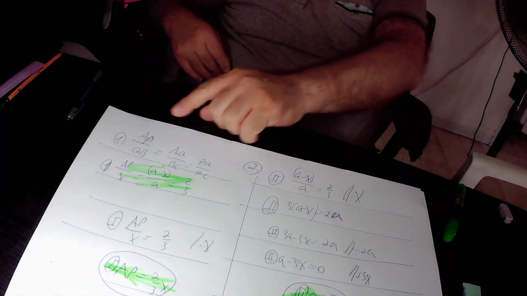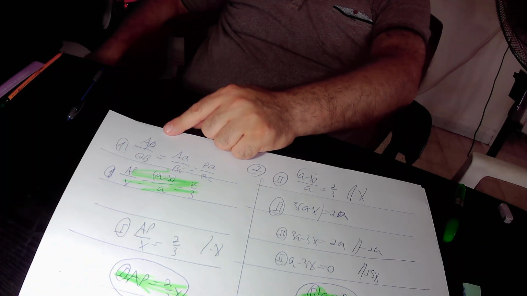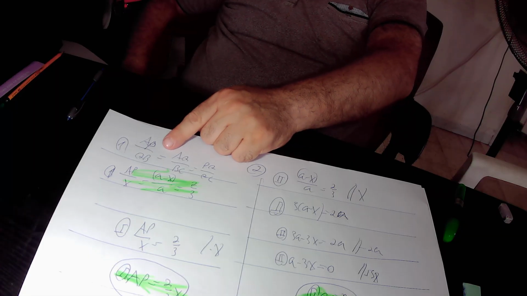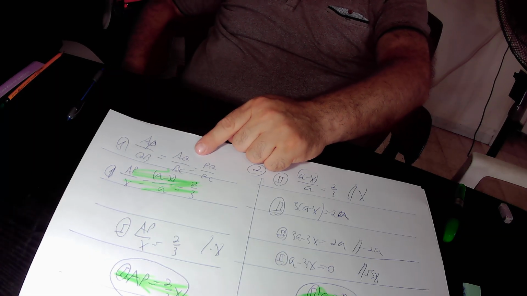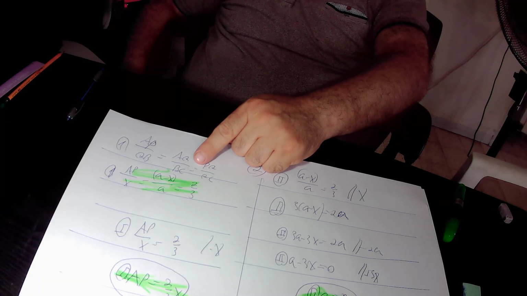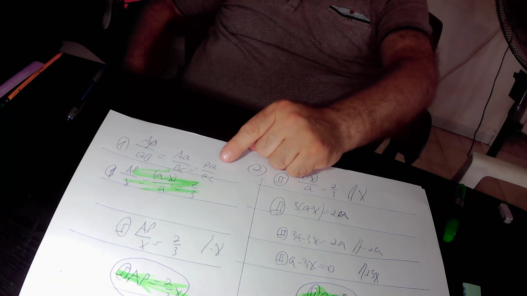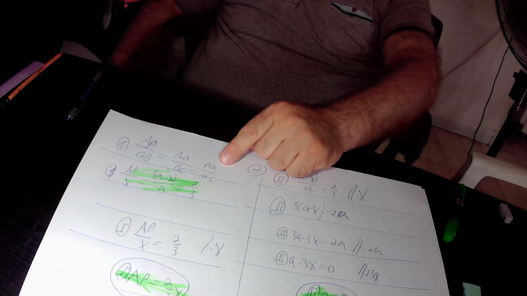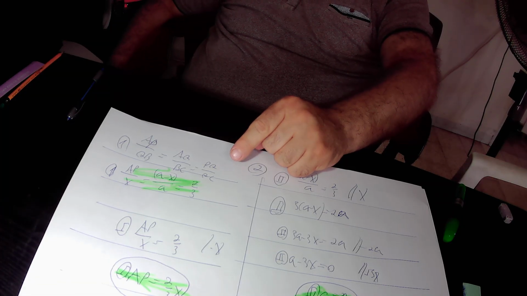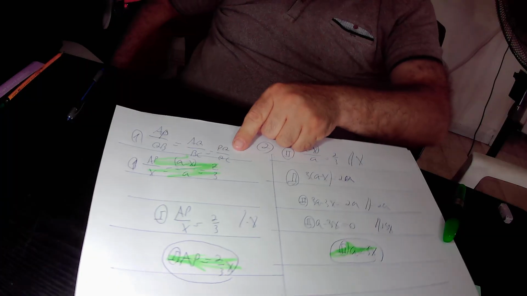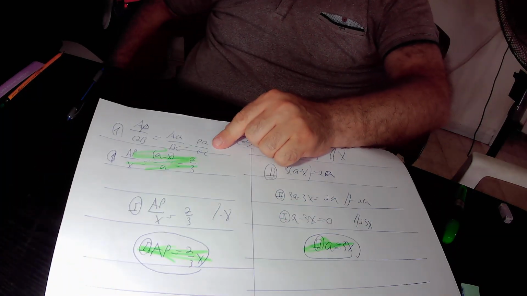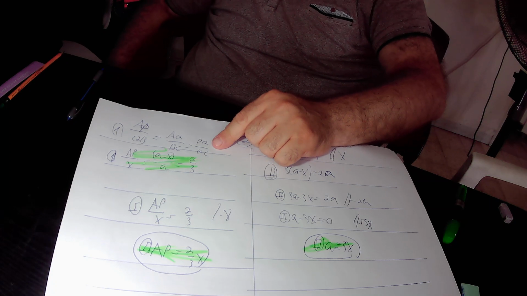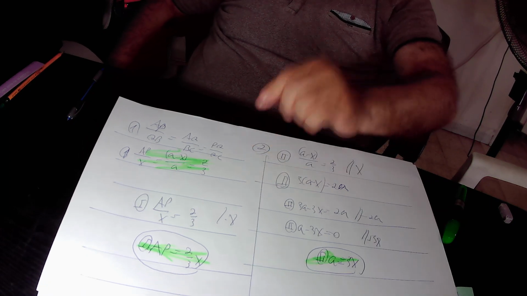We will derive that side AP in the right triangle APQ over side QB in the right triangle QBC is equal to side AQ in the right triangle APQ over side BC in the right triangle QBC, and it is also equal to side PQ in the right triangle APQ over side QC in the right triangle QBC.